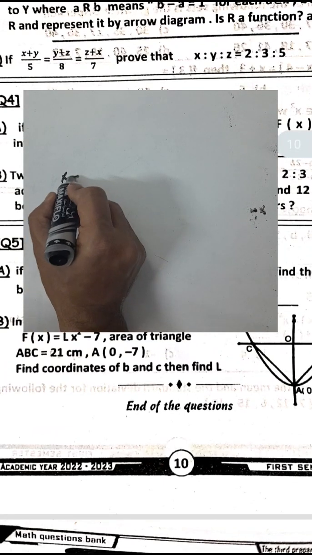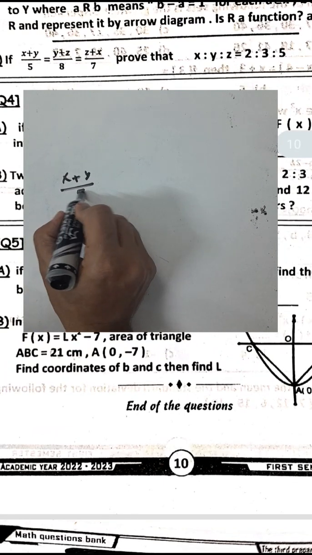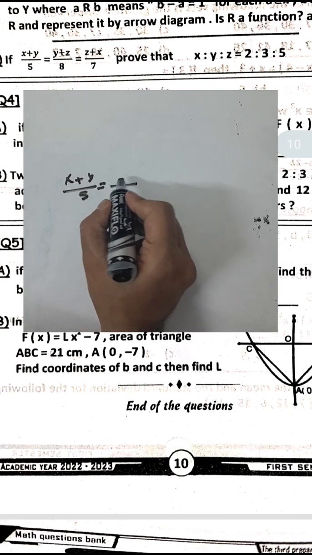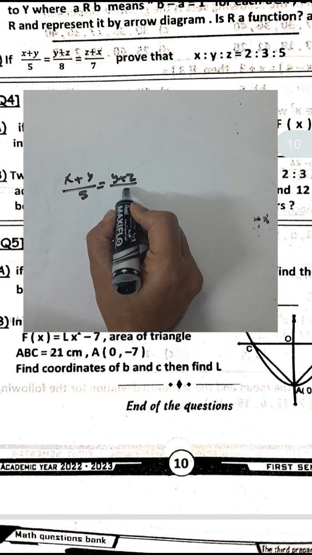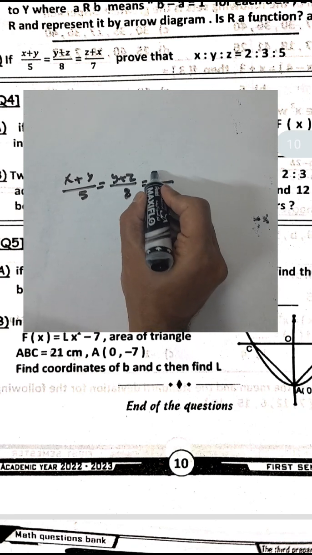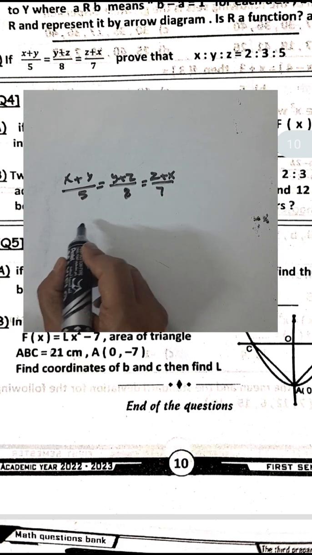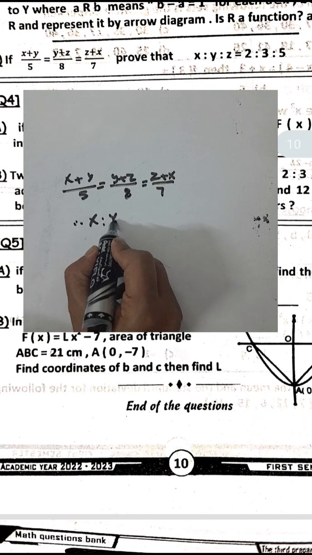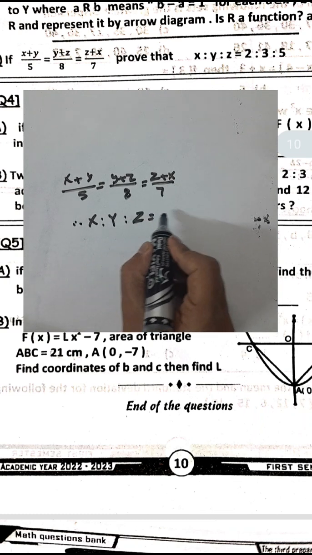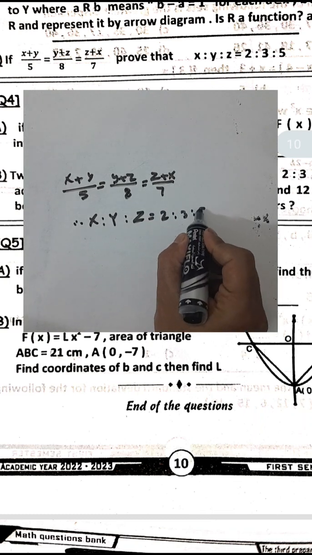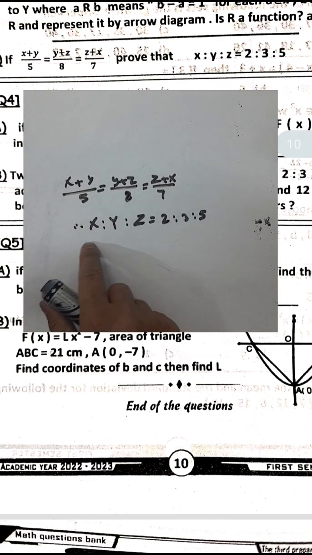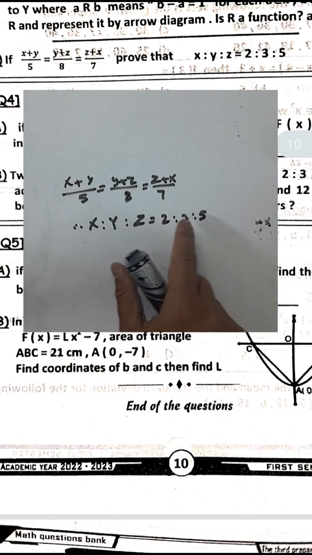If (x plus y) over 5 equals (y plus z) over 8 equals (z plus x) over 7, prove that x to y to z equals 2 to 3 to 5. Okay, we want to prove that the ratio between x and y and z is 2, 3 and 5.